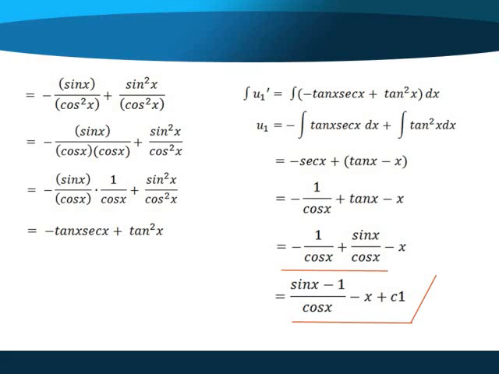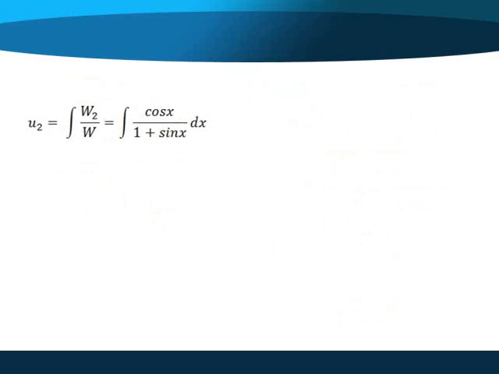We are done now of u1, so next we will find u2. Given the equation for u2 equal to the integral of w2 over w, substituting gives the integral of cosine x over 1 plus sine x dx. We let u equal to 1 plus sine x, and so du would be equal to cosine x dx.